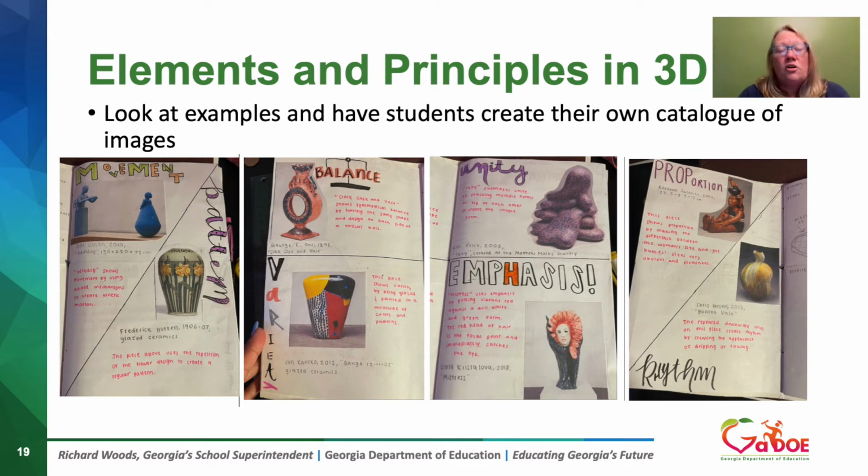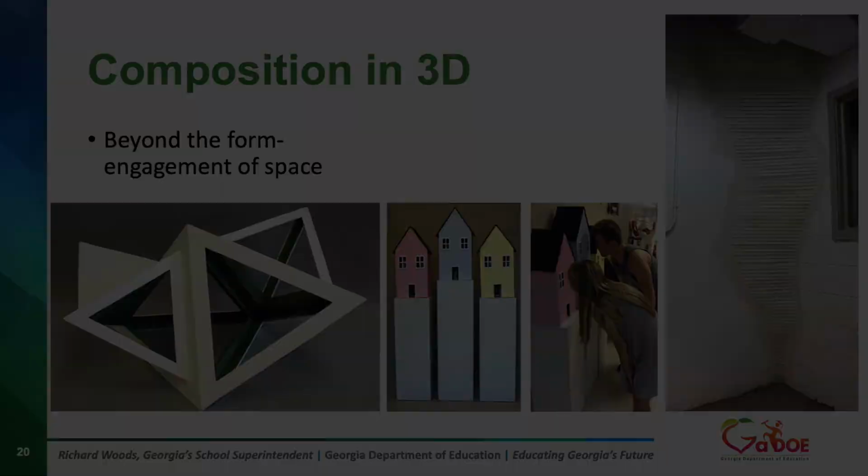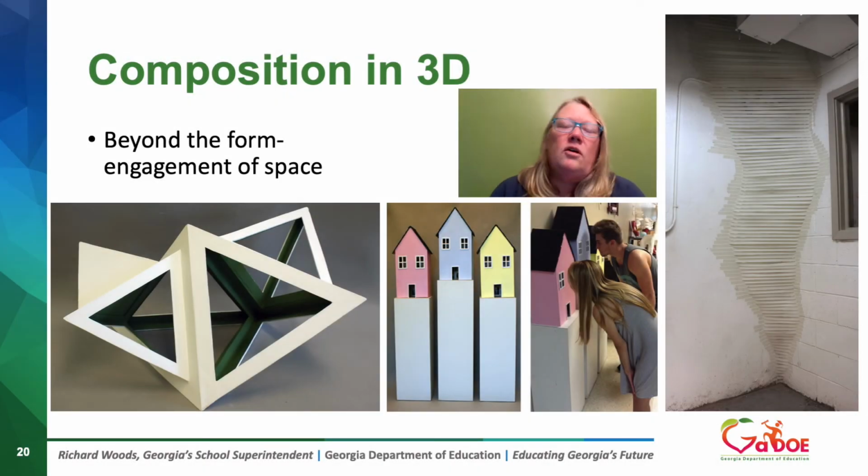And in turn, they are showing you. I have them find images. They have to credit the image with the title, the artist, the year it was made, and then they have to give me an explanation of why they think that that work is a good example of the element or principle.